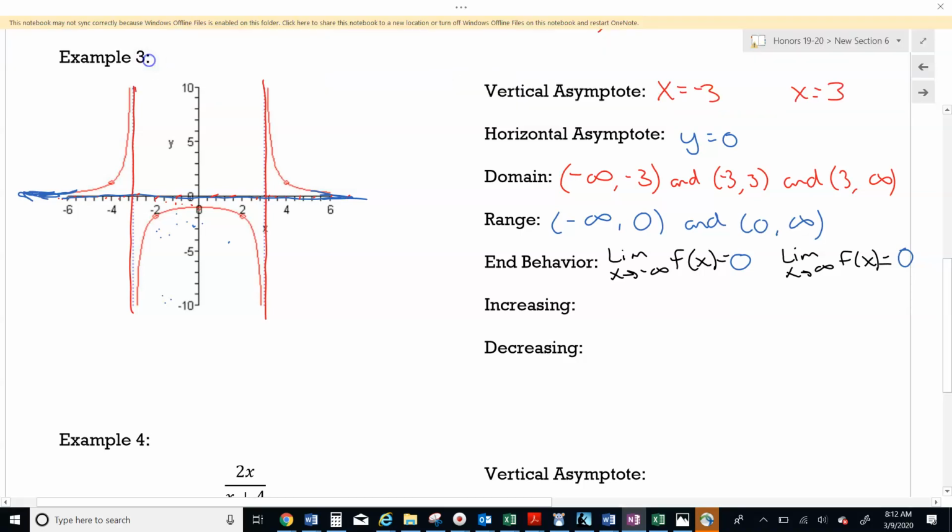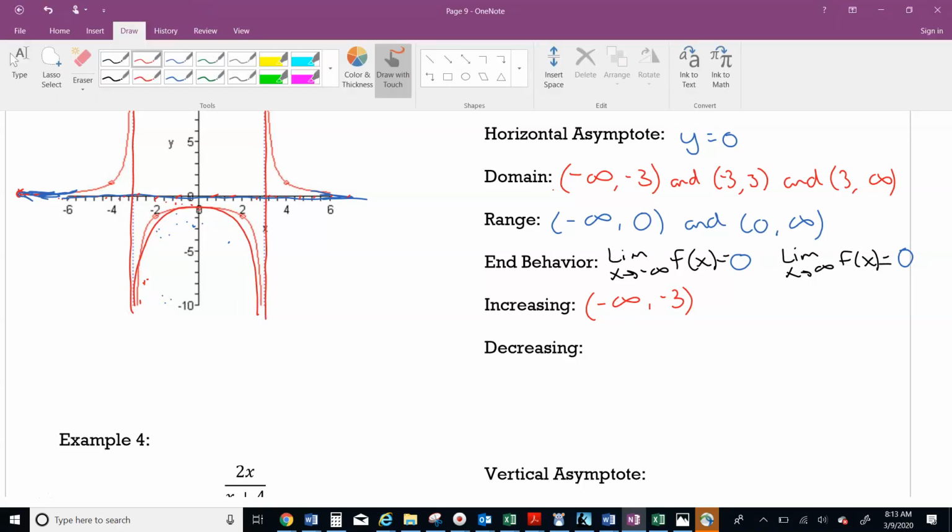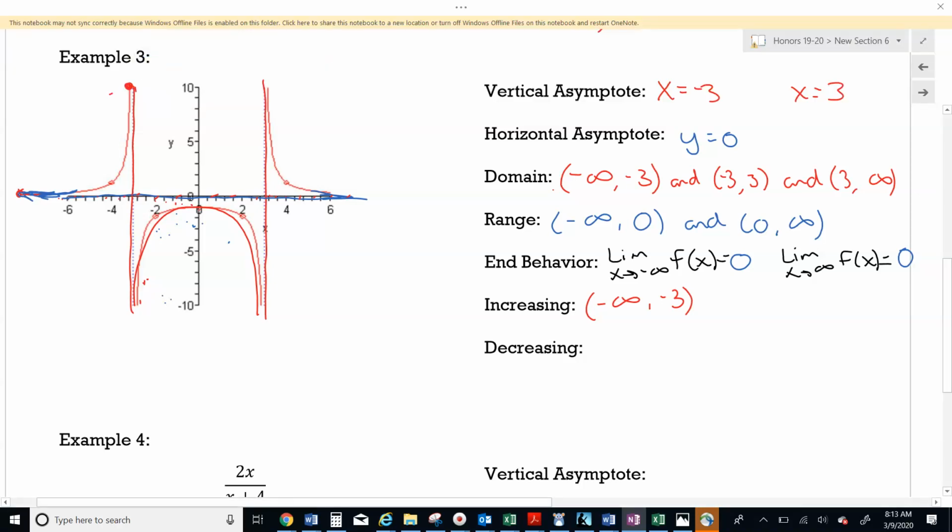Okay. Now our increasing and decreasing, look at our domain. Well, the negative infinity to negative 3, from here to here, I start here and I end up here, that is increasing. Okay. When we have these little shapes here, this is where we have to be careful. Negative 3 to 3 goes up and then goes down. So we have to think about where it switches, and this is just like what we did last unit, right? It's going to switch at its maximum.